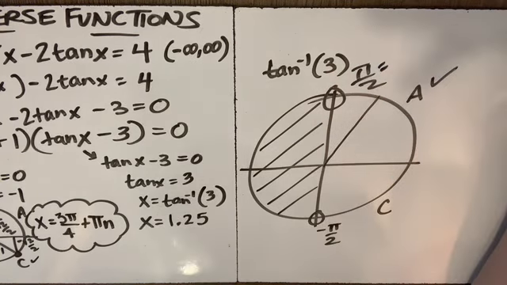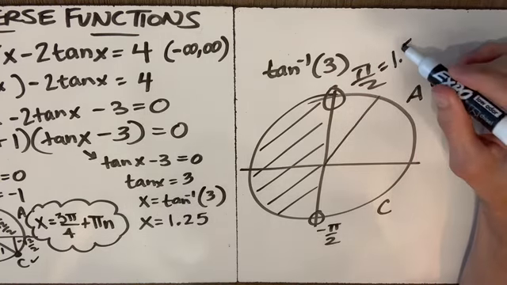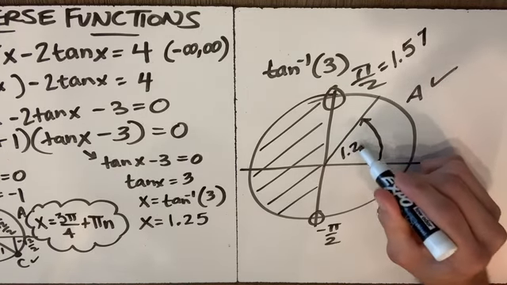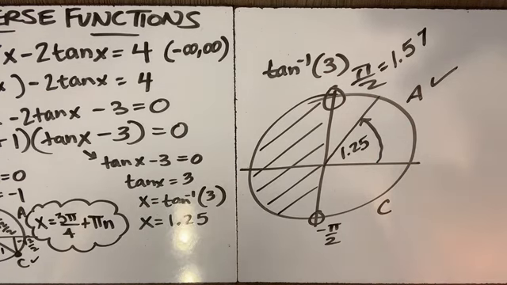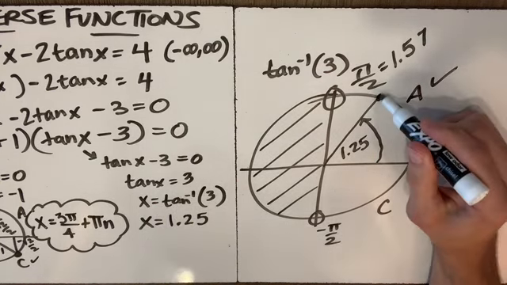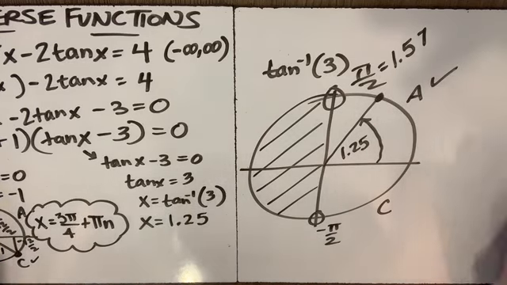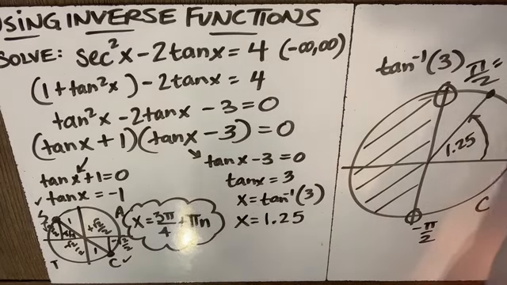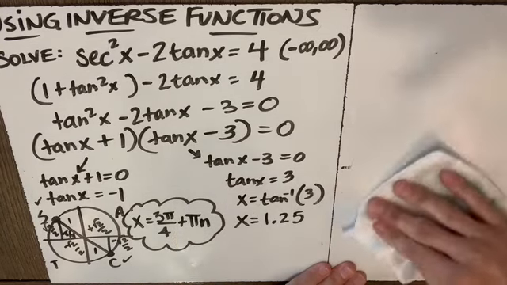Remember, pi over 2 is 3.14 divided by 2. It's about 1.57. So you can see that if our angle is 1.25, it's going to be in quadrant 1. But now that we get that one answer, let's find our infinite answers. I find that the answer is 1.25.